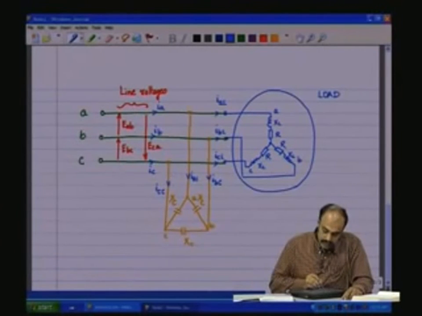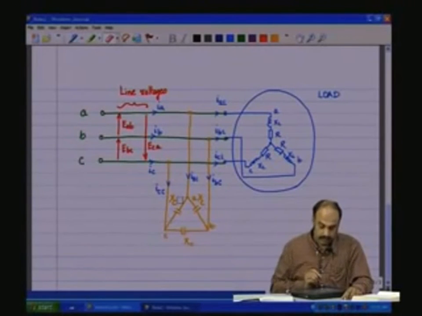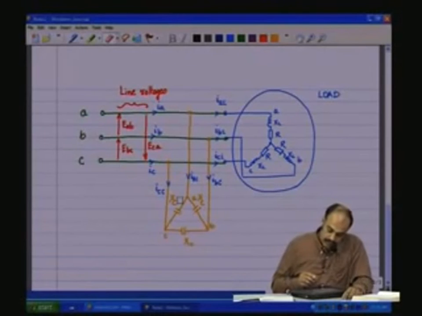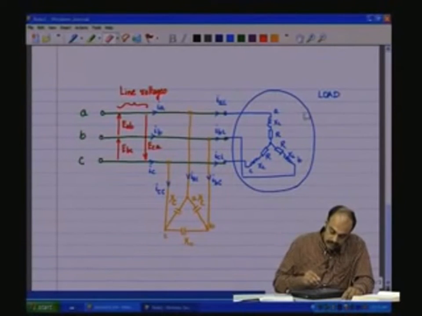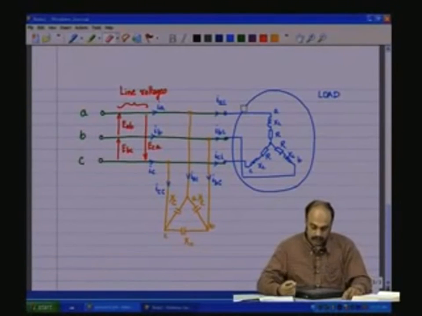Now, the capacitive delta circuit here is seeing the same line voltages EAB, EBC and ECA. The star circuit is also seeing the same line voltages EAB, EBC, ECA. They both are seeing the same line voltages.